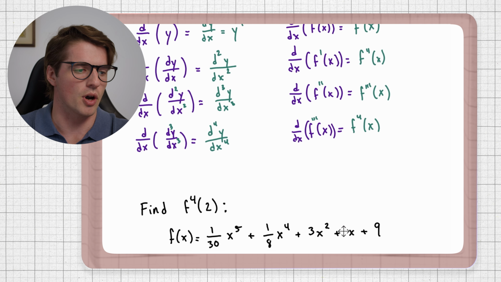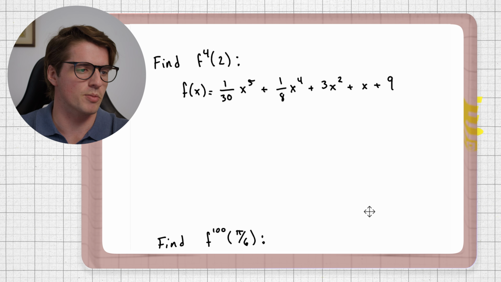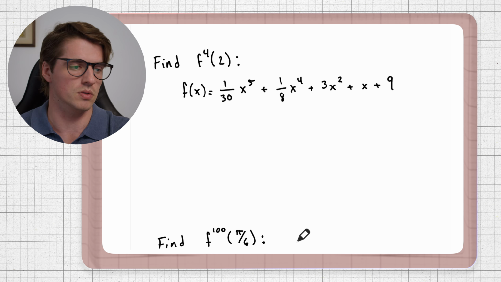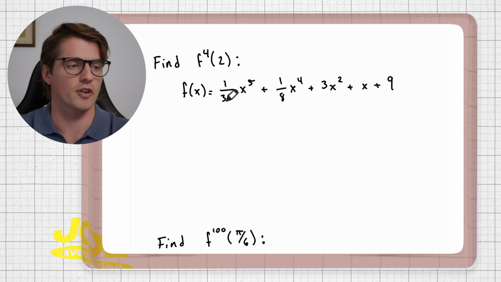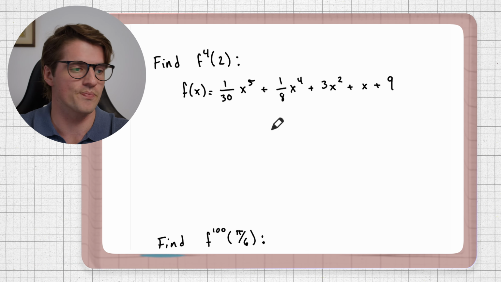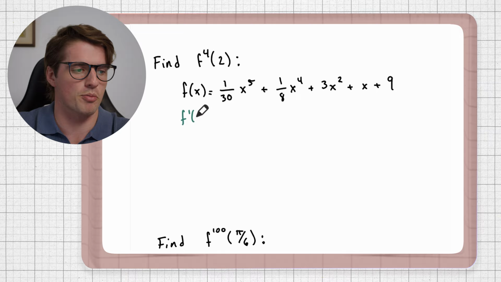Okay, so let's work out some problems. So f4 of 2. So we're going to take the fourth derivative of this function and plug in 2. So we'll take f prime of x. Bring down the 5. We have 5 over 30, which we could simplify, but I'm just not going to. 4 over 8 could also simplify.